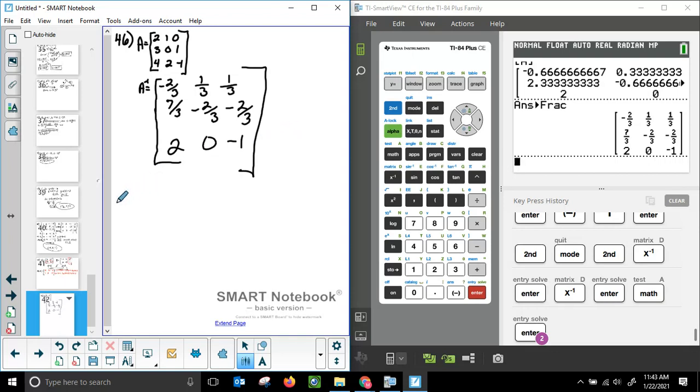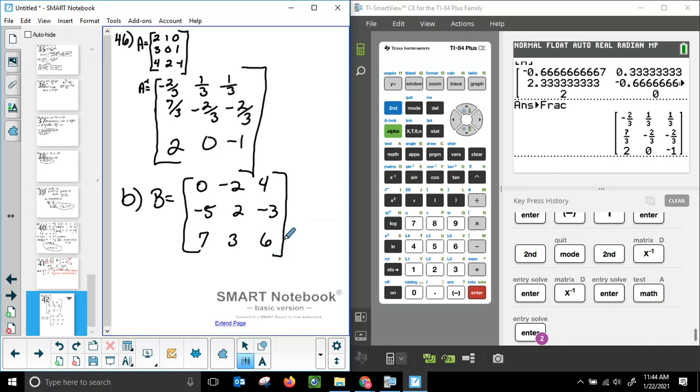All right, so 46b, similar. So B, we're going to have 0, negative 2, 4, negative 5, 2, negative 3, 7, 3, 6.